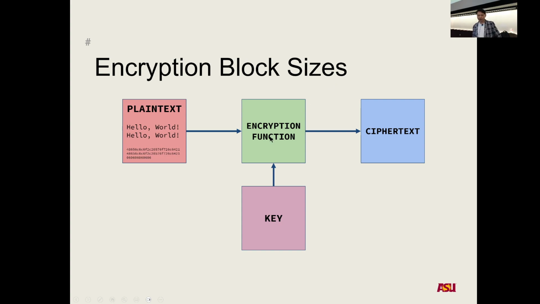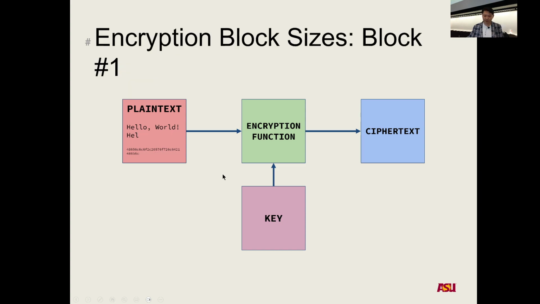So this is another example of how to encrypt. Let's say these two sentences, hello world. 13 plus 13, so there are 26 bytes, right? How can you encrypt it? What is the block size? 16 bytes. So only these 16 bytes will be processed in the first encryption, right? And then the second, the last 26 minus 16 is 10, right?